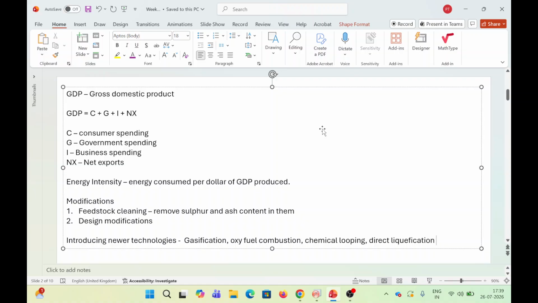Then we dealt with why there is a need for clean and renewable energy production, what drawbacks we are facing now, and if we are using fossil fuels, how to produce more energy but do that process in a much more sustainable way.